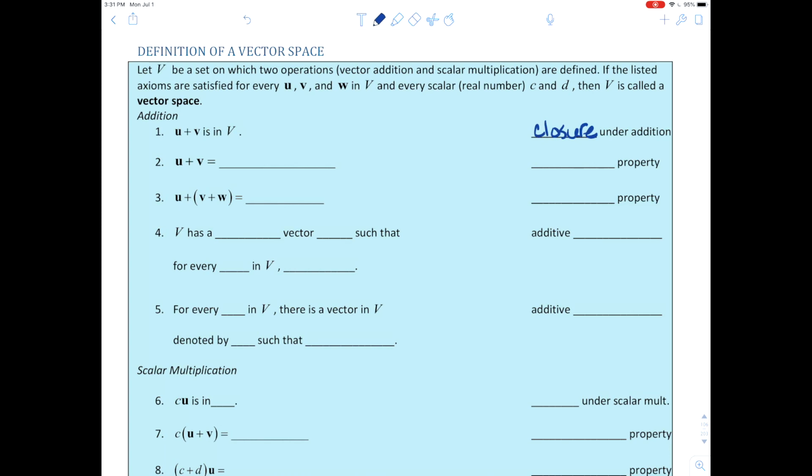If you add 2 vectors, they're commutative, so you should also be able to get v plus u. That's our commutative property. And then u plus the quantity v plus w is adding the vectors u and v first, and then adding w. That is our associative property for addition.